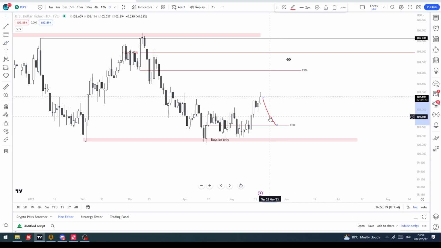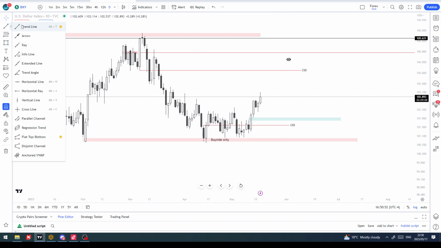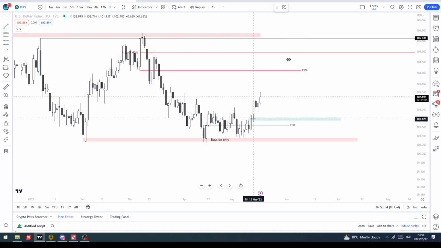Let's start doing this a bit neater. FVG around the CSD candle. There. Retracement in there, and DXY starts pumping again. This would be the blue candle setup there.